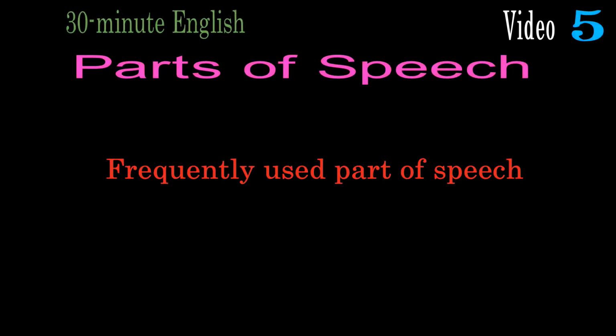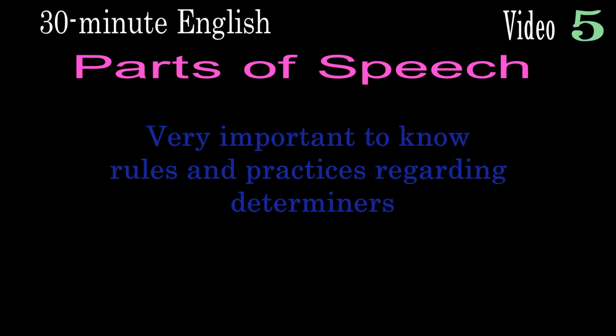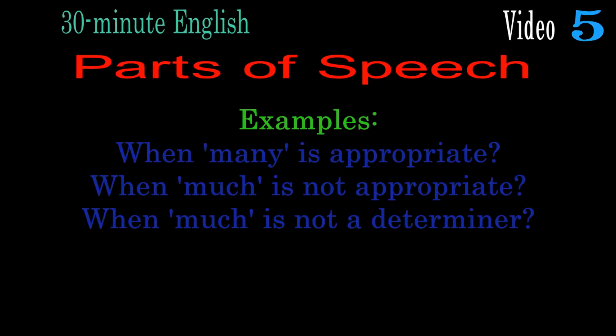This is a frequently used part of speech, so it is very important to know how they can be used effectively to communicate what you intended. Therefore, each tiny bit of rules and practices around these words are important to study. For example, you need to know when determinant many is appropriate while much is inappropriate.